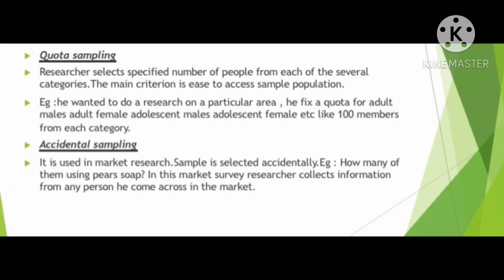He fixed a quota for adult male, adult female, adolescent male, adolescent female, etc., like 100 members from each category. But he is not selecting randomly. Maybe he goes to one particular school and selects 100 adolescents from that school itself. That is based on his convenience. That is called quota sampling.